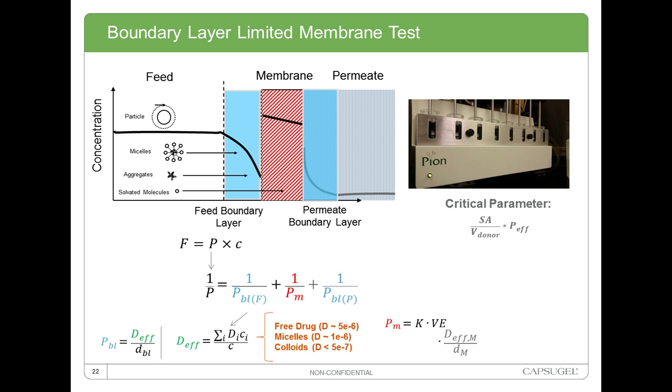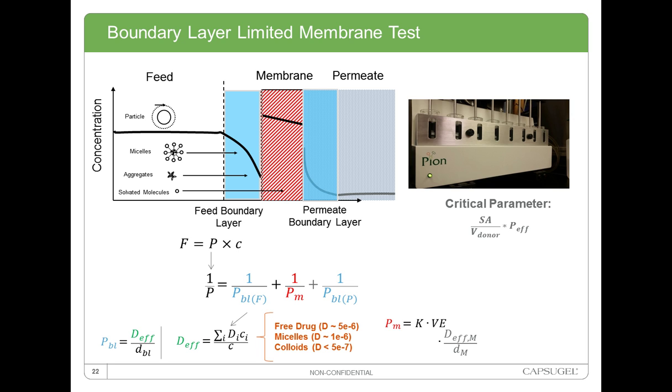So in cases where the boundary layer is limiting, the critical parameter here is the effective diffusion coefficient across that boundary layer. And that effective diffusion coefficient is really a weighted sum of all of the drug species that can diffuse across the boundary layer. So this includes free drug, which obviously has the highest diffusion coefficient, drug in micelles, which is a bit lower, and then these colloidal species, which can also diffuse, but they're considerably larger and therefore have a slower diffusion.